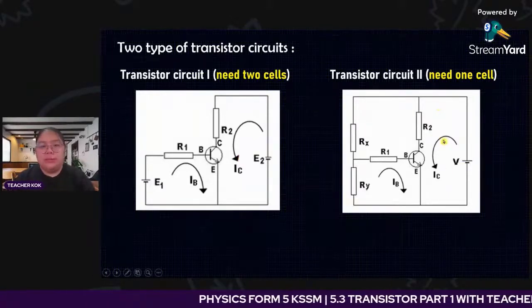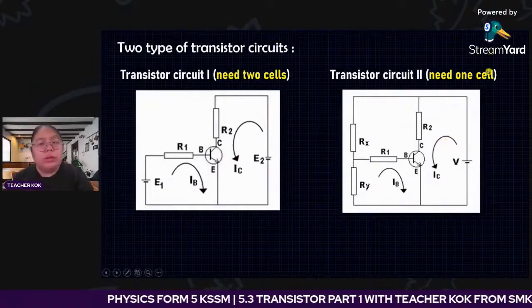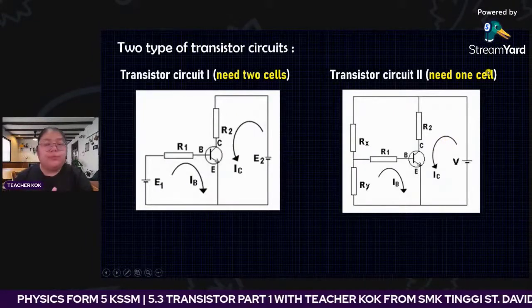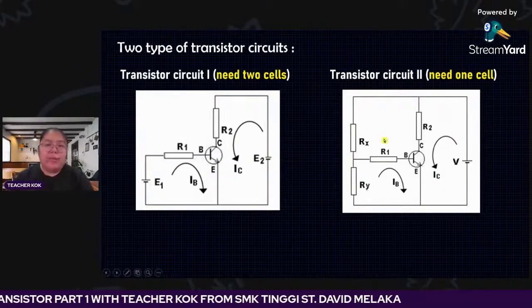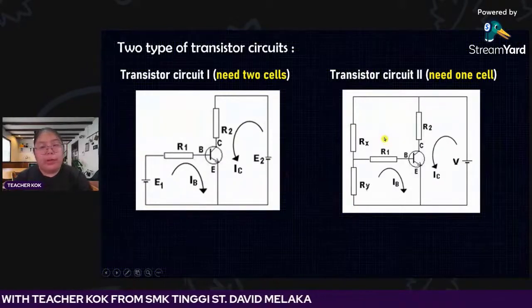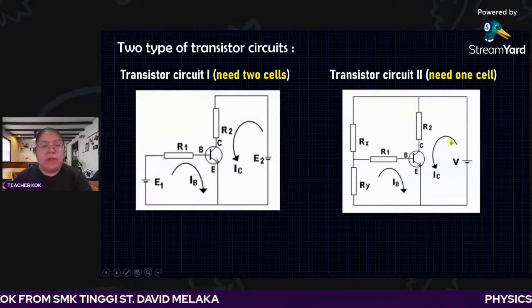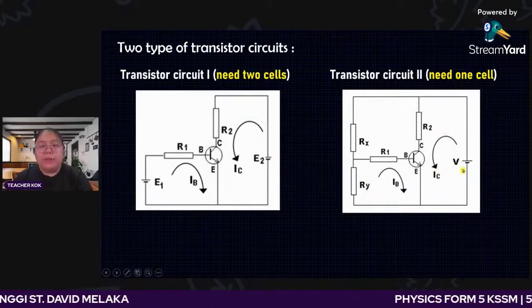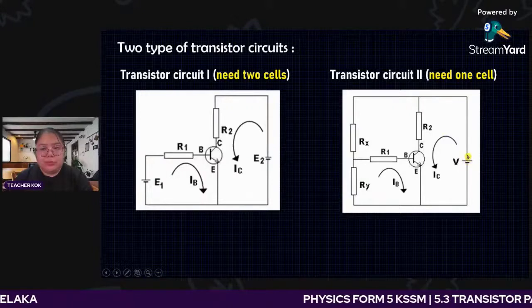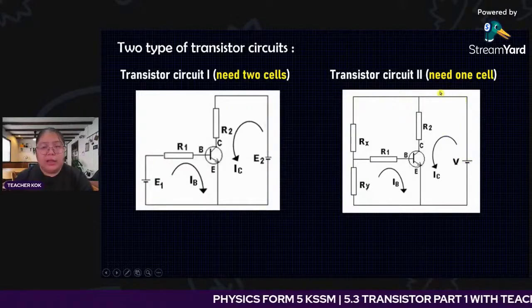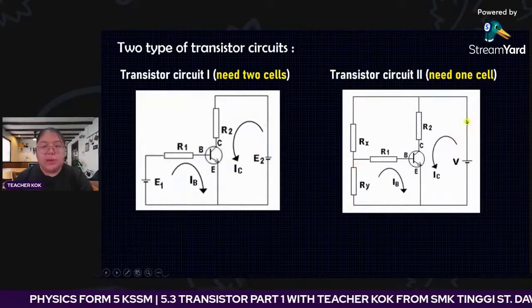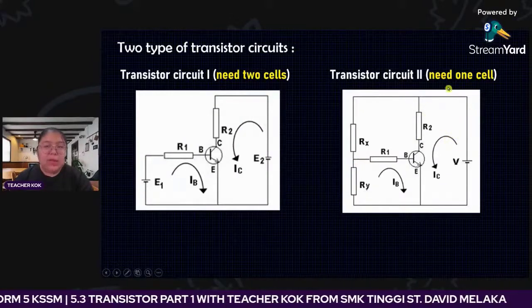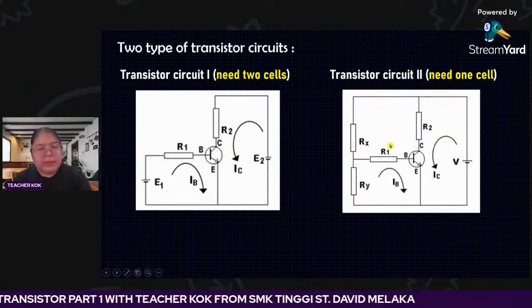Okay, how about this one? This one only needs one battery. In what situation do we need one battery? When there is a double story. Double story means the two levels are the same. From here the battery starts, and the current can go to R2 and also to RX, which means it can go to the collector and also to the base.